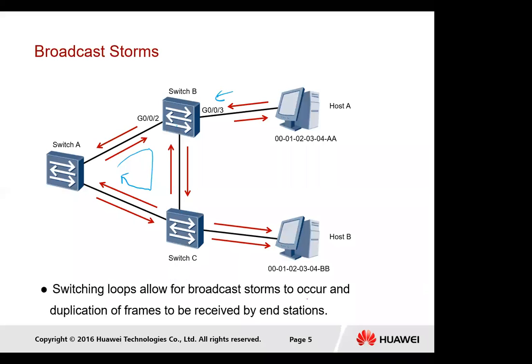Although the example I mentioned just now was between two switches, the loop can involve more than two switches. It can form between 4 switches like this, and it can also have multiple loops, depending on how the environment has been built. So a loop can be easily formed in your layer 2.